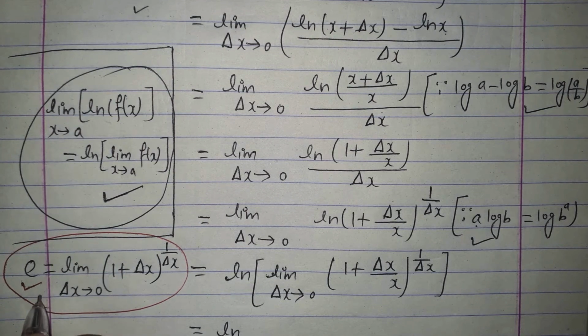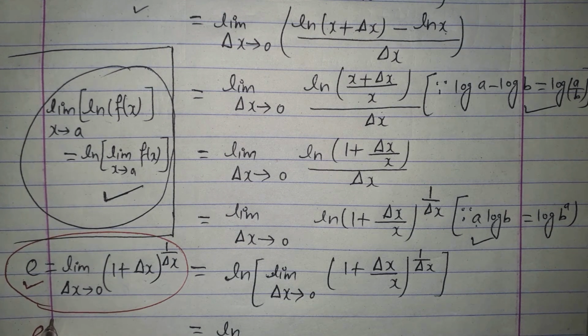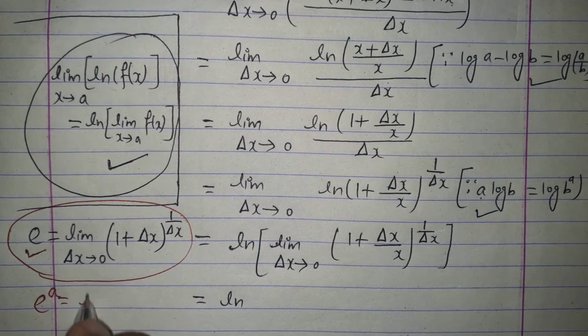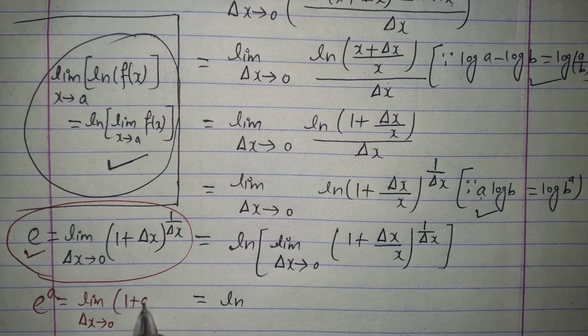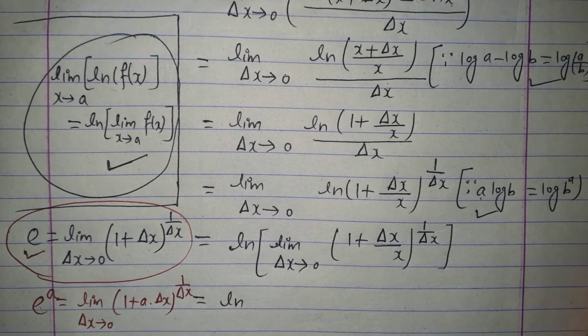And for the Euler number, e raised to the power of a is defined as the limiting value when delta x approaches 0 of the function 1 plus a times delta x raised to the power of 1 over delta x.